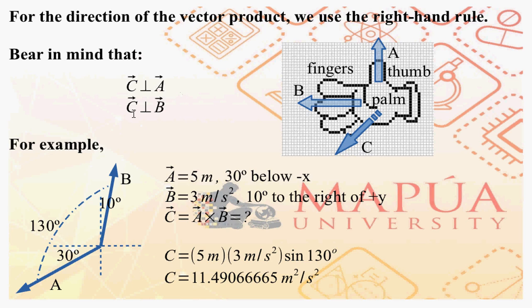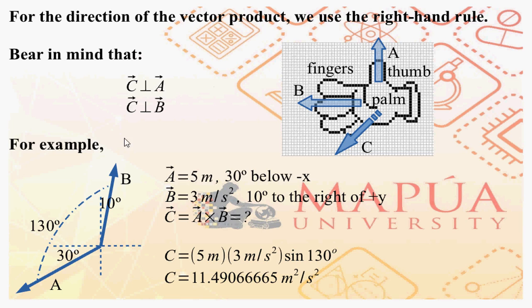At the same time, it should be perpendicular to the second vector. So C is perpendicular to both A and B at the same time. This will give you the direction of the vector product.